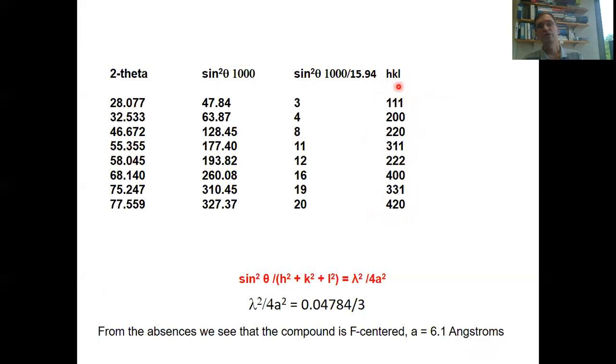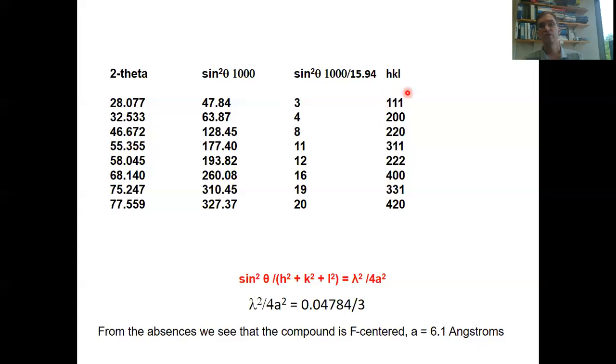So now you can see which type of centering that reflection condition suits. And you see that in this case, it's the F centering, because either all HKL values are odd or all HKL values are even, whereby 0 counts as even in this case.